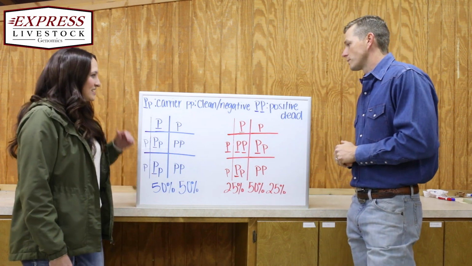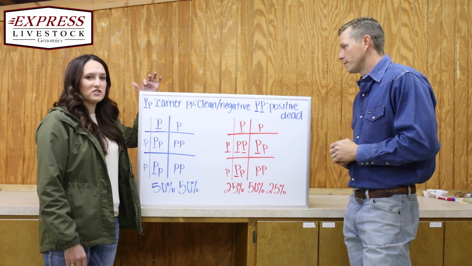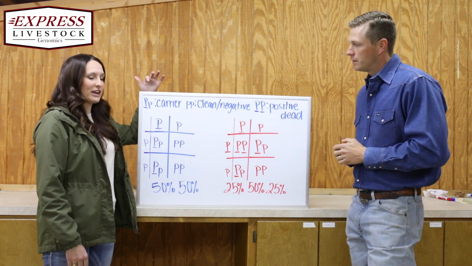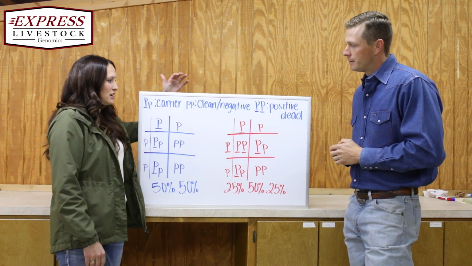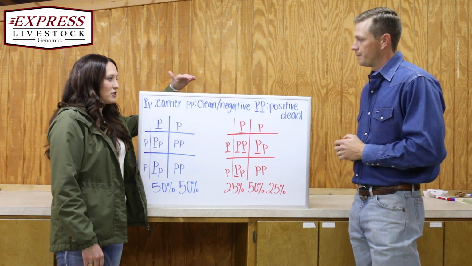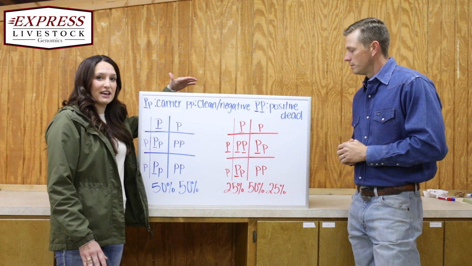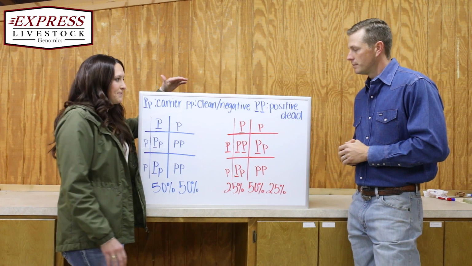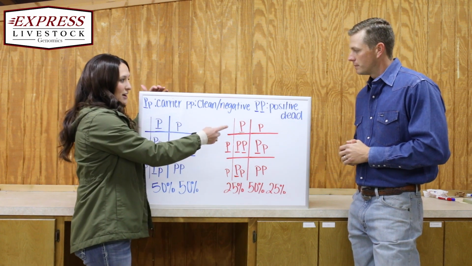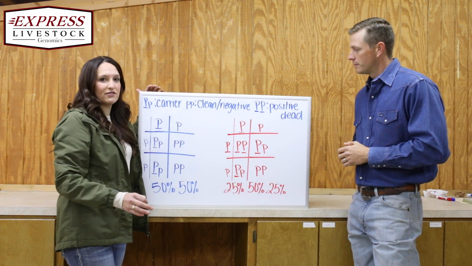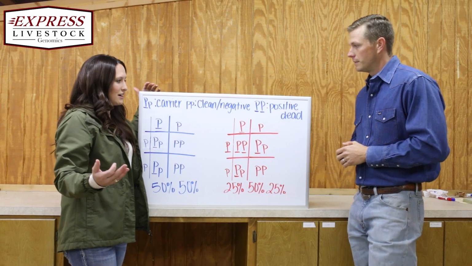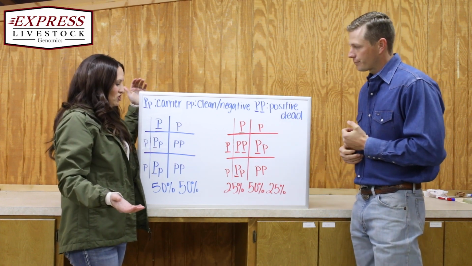So, just to give a little background, we're going to use uppercase P and lowercase p to indicate a carrier animal. Your two lowercase p's are going to be your clean animals, or your negative, meaning that they do not carry the PHA gene, or your double uppercase P's, which is a positive or fatality within that breeding decision.